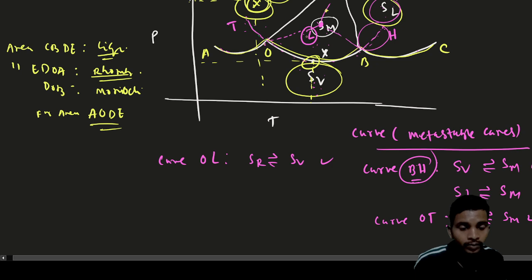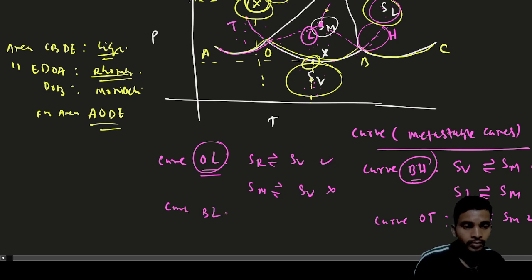OL should be, because this is monoclinic and this is SR or SB, you may think that SM should be equal to SB, because one side is this and the other side is this, it may accommodate, but this is wrong, because this curve comes after extending this one. So whatever equilibrium AO exists, the same equilibrium exists for OL. Similarly, this curve BL comes whenever we extend this BC.